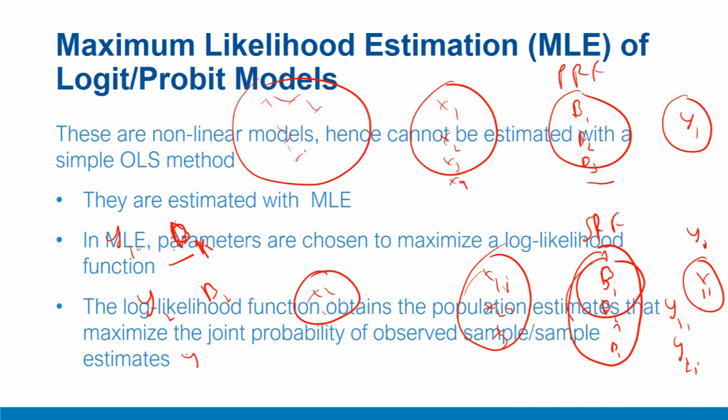Let's put it in capital B: B1, B2 are vectors of parameters for each observation. Now, what we are trying to find is the probability of observing this vector of parameter estimates, and let's call these p1, p2, p3.